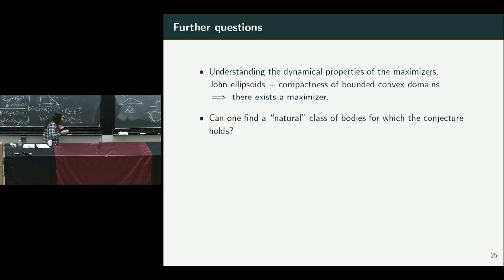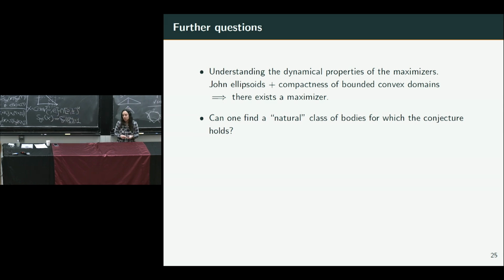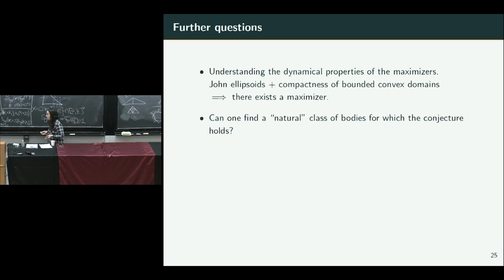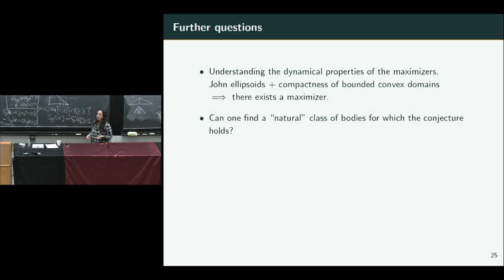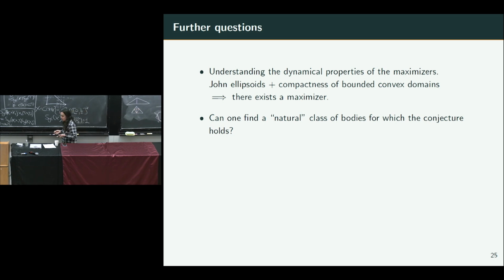And a lot of the evidence that one has in favor of the Viterbo conjecture might suggest that, despite the fact that we now have a counterexample, there might still be a very large class of convex domains for which the conjecture still holds. And it would be very interesting to try and characterize it.